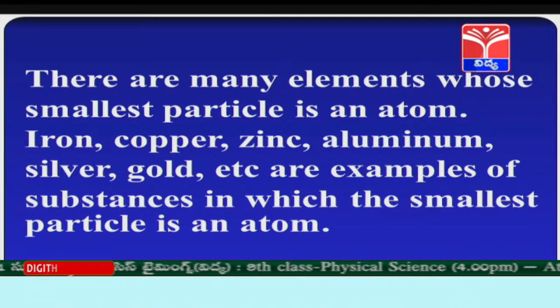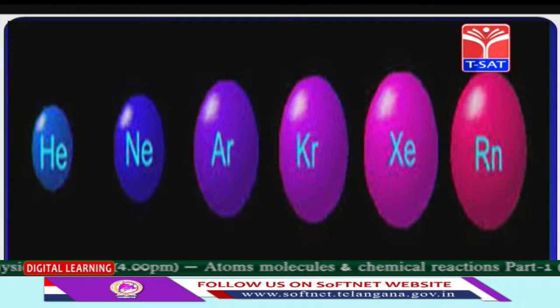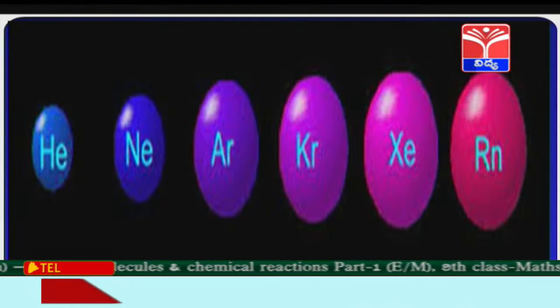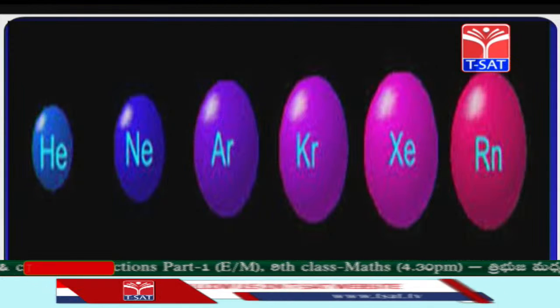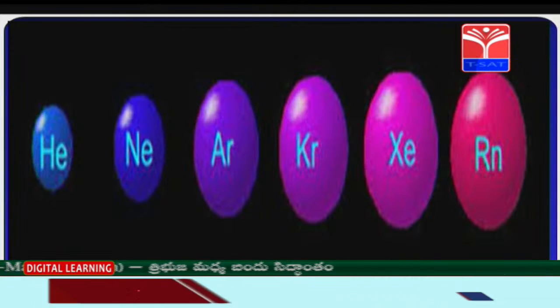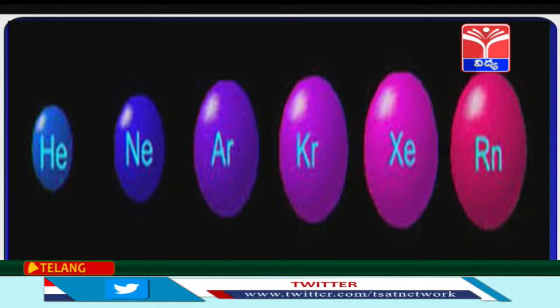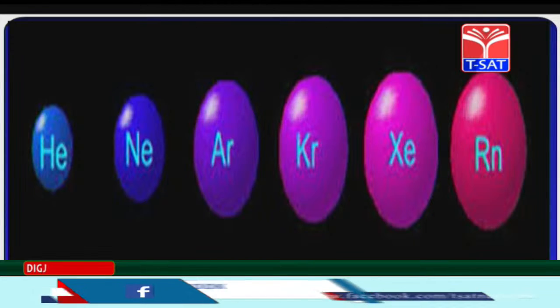So, they will be called monoatomic particles. Here these are the inert gases: helium, neon, argon, krypton, xenon, radon. These elements do not combine with any other elements. So, they exist as atomic particles only.